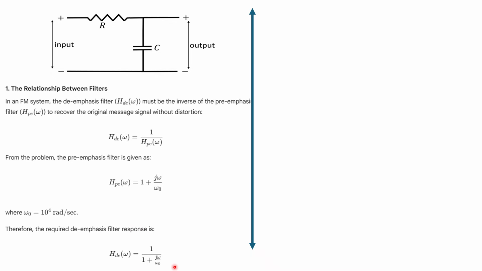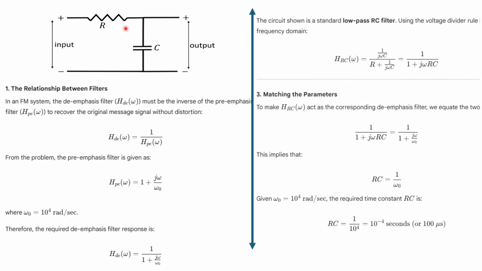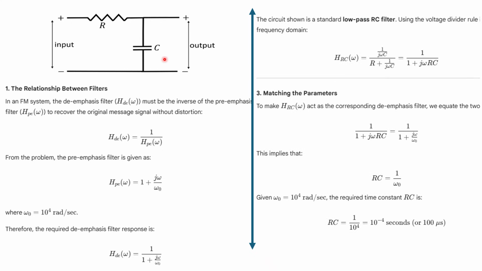So now we got the transfer function of the de-emphasis circuit. Now we have to find the transfer function of this de-emphasis circuit, and once we find it, we'll equate and then arrange the values. That's all, right? So let's calculate the transfer function for this.